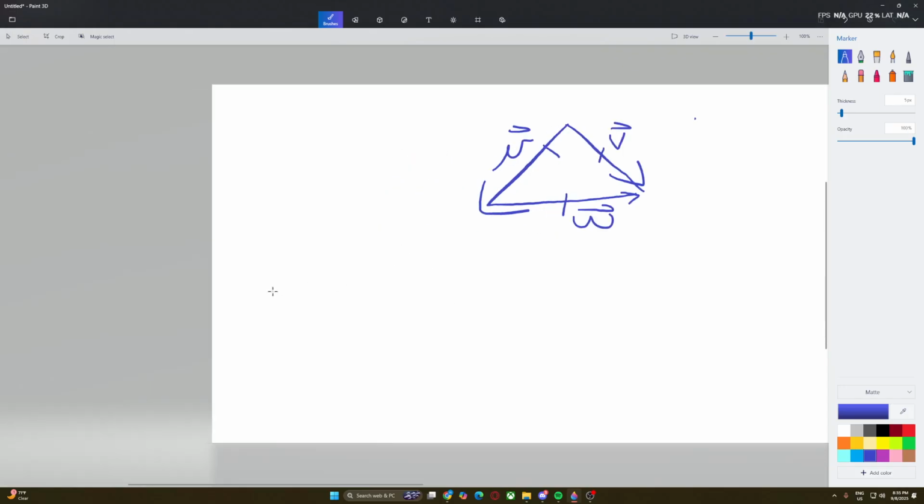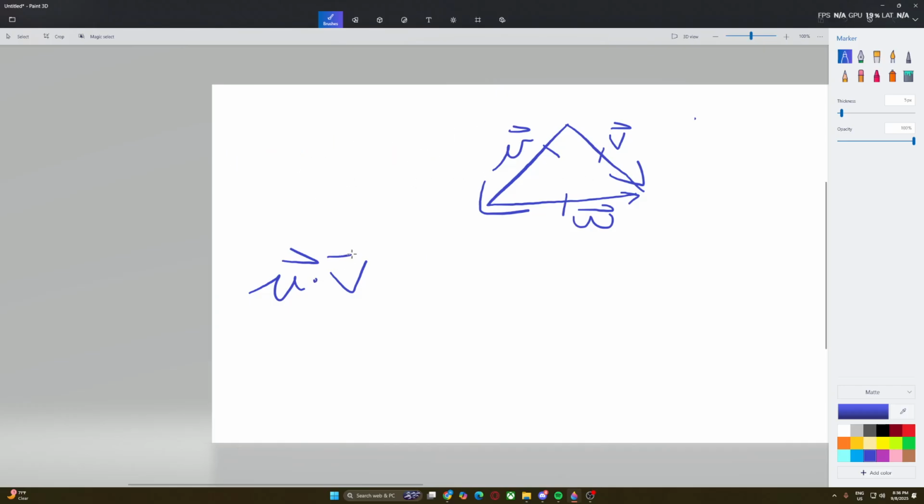Let's do the easy one first, UV. They all equal 1, as you can tell from the equality marks: u equals v equals w equals 1.